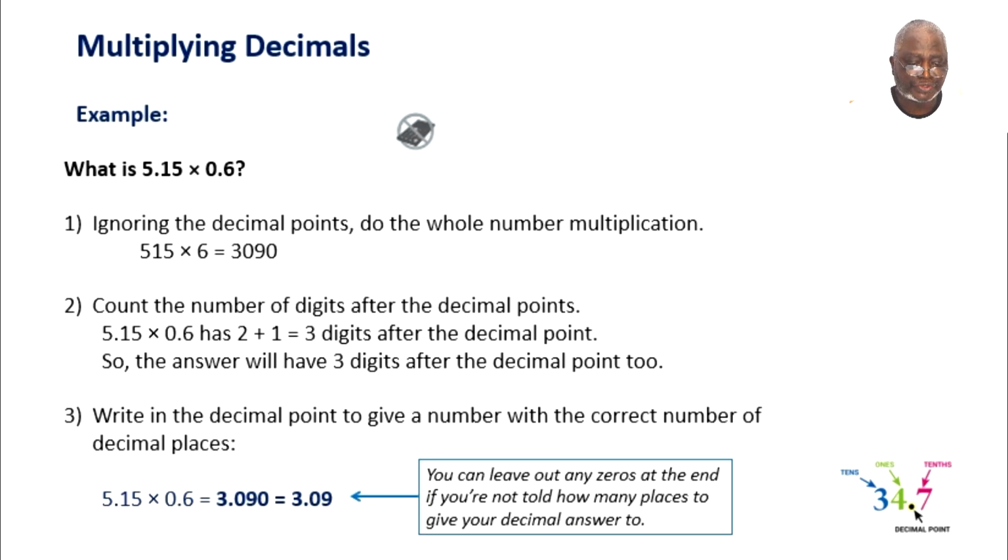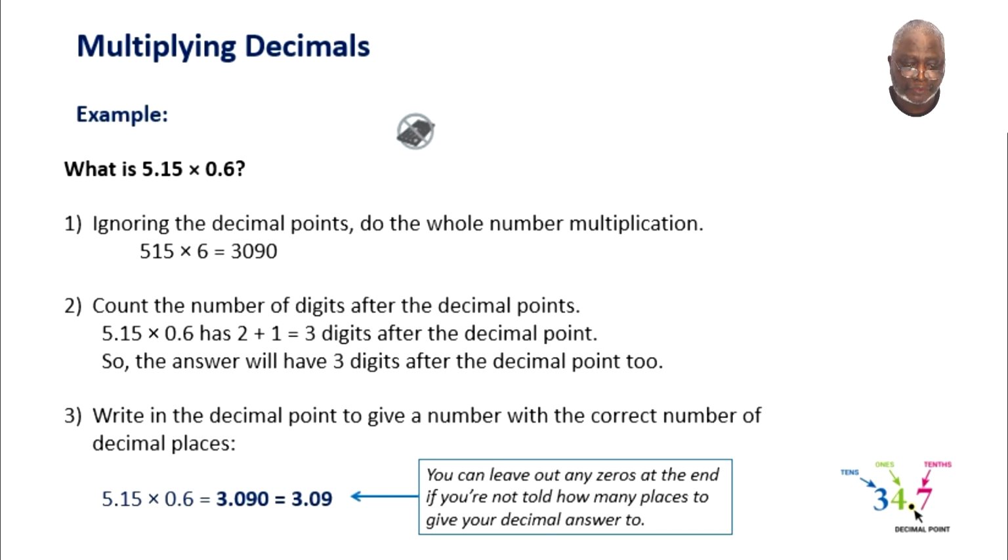Count the number of digits after the decimal points. So 5.15 times 0.6 has 2 plus 1, 3 digits after the decimal point. So once you have your number, you'll find out that your answer is 3.09. Ignore the 0 after the 9 because usually you don't use it if that is your answer.